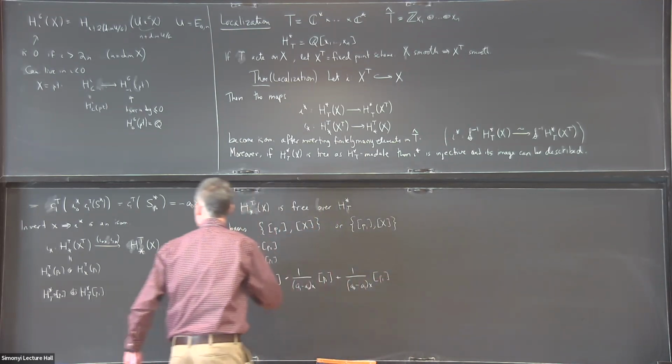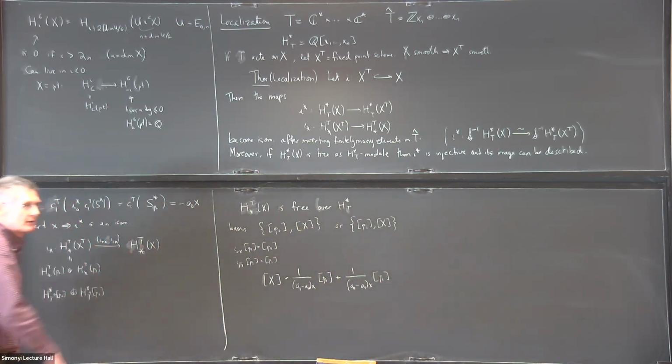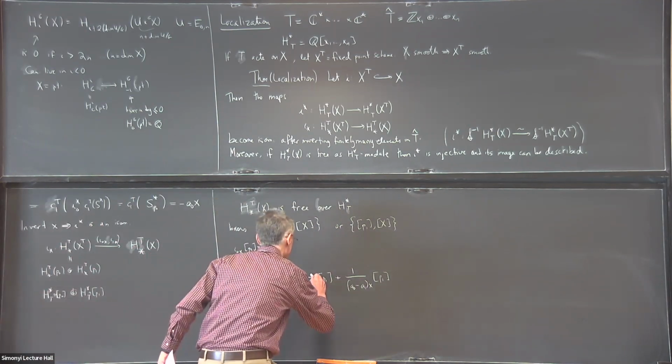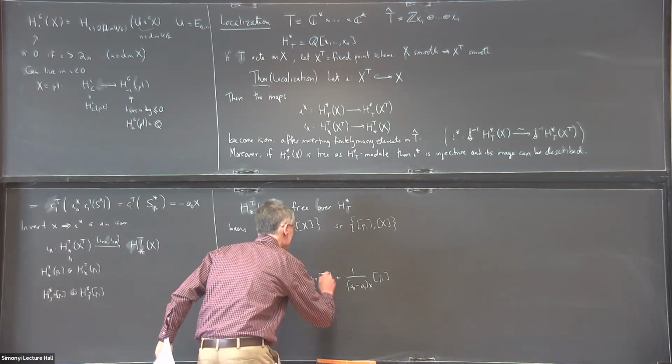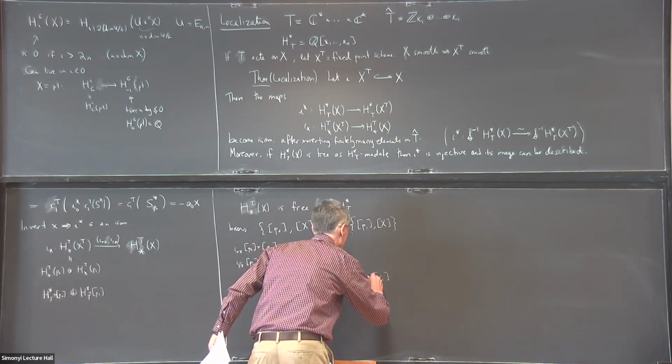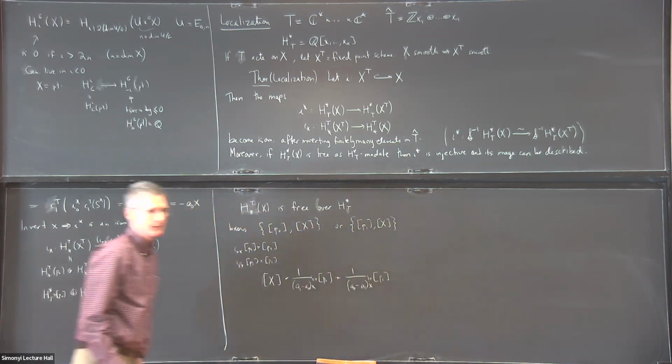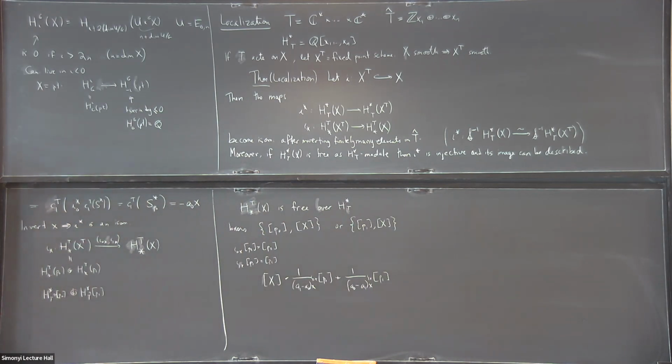So if you believe this, you could figure out what the images of P naught and P1 are. I've told you enough information to figure that out. And maybe I should put an I naught star here. This I naught star and I1 star are optional, depending on whether I psychologically want to think of them as living on X or on P1.